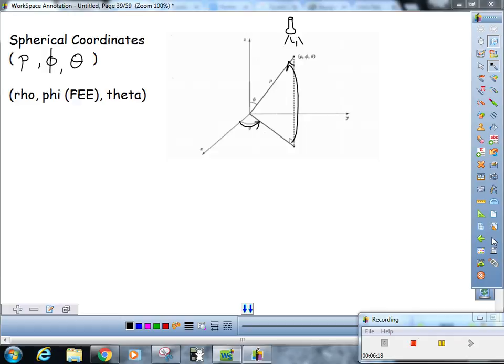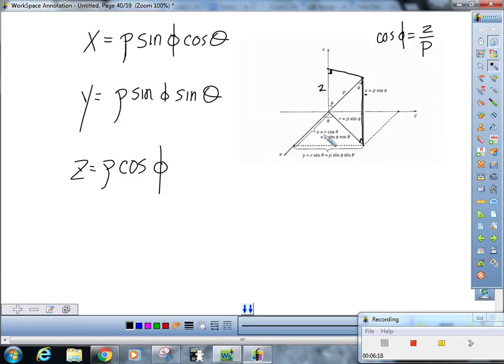So what they did was, instead of writing it as r, well, r is equal to rho times sine of phi, okay? If you go back to this upside down triangle, I think you could figure out maybe that this is r, right? So sine of phi is r over rho.